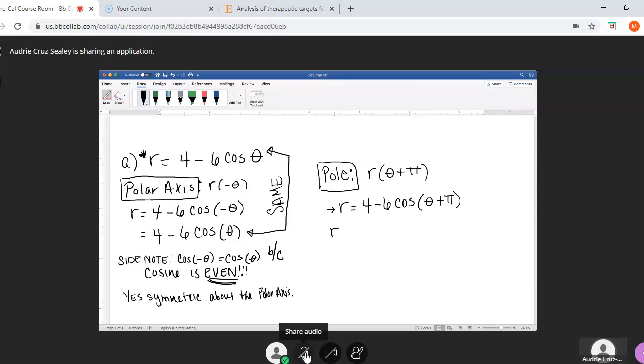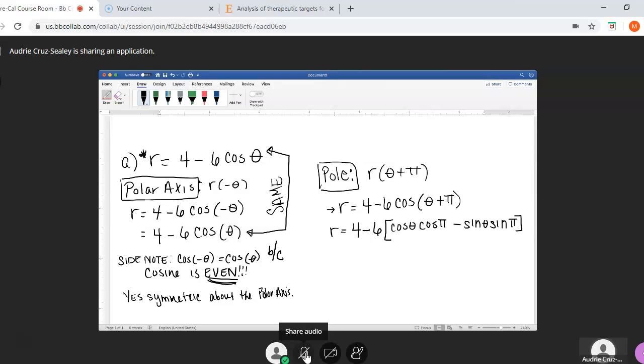So I'm going to get r equals 4 minus 6 times cosine of theta cosine of pi minus sine of theta sine of pi, right? Garrett? Oh, I got these wrong. Yeah, that's right. Okay, cool.